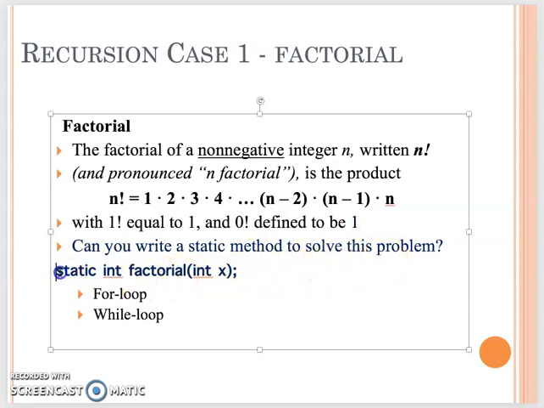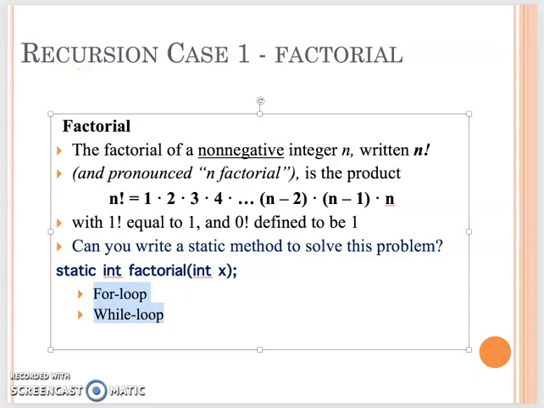If we write a static method, we call it factorial. For n factorial, we pass in the value n, and then we return the value n factorial. So here we have one int parameter and one return value. Before we see the recursive function, of course you can solve it with a while loop or for loop.